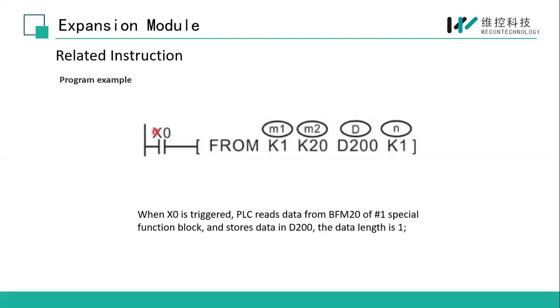As you can see in this example, FROM K1 K20 D200 K1 means when X0 is triggered, the PLC reads data from BFM 20 of the first module and stores the data in D200.